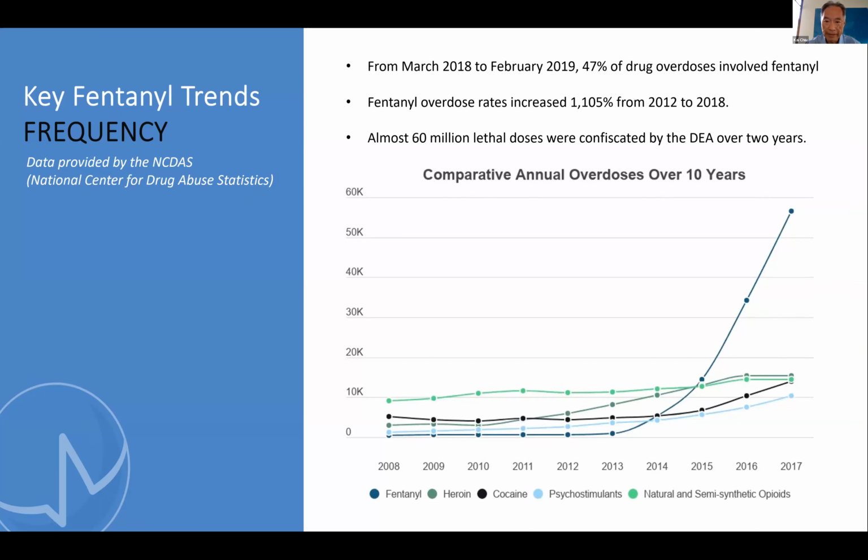I may want to add something too. Now, this graph is about overdose. The drug use may be, who knows, we haven't got the actual drug use, but this is for overdose. Like Patrick touched on, its potency is very high.